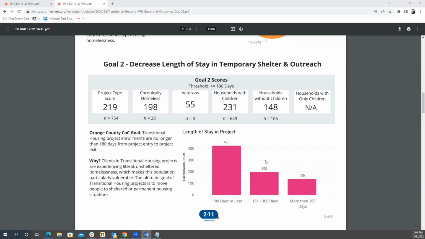And this chart here is looking at all of the enrollments that are included in this measure and how long they're staying in the project. And the 423 here represents the enrollments that are meeting our threshold. So that's over 50%, which is great. We're trying to get as many enrollments as we can in this first category.